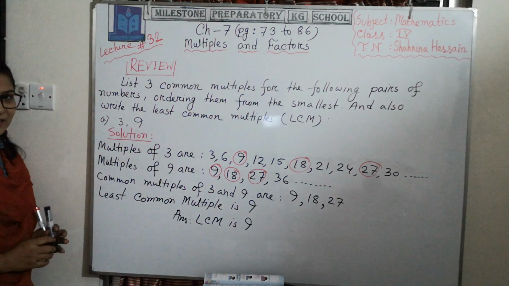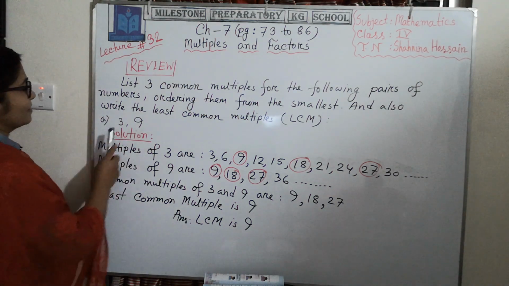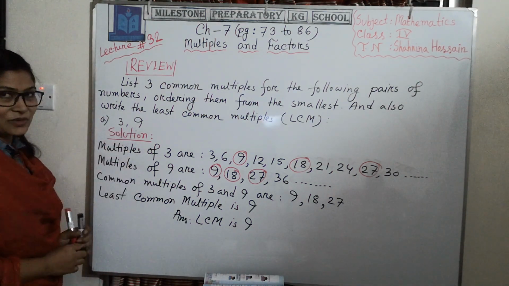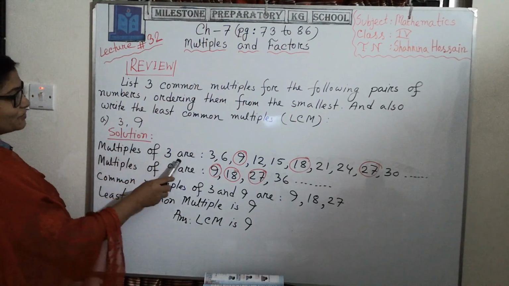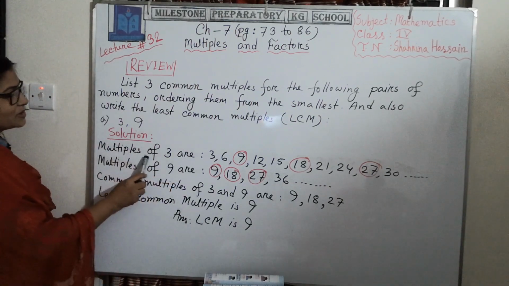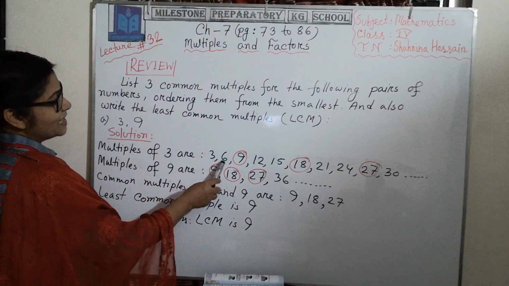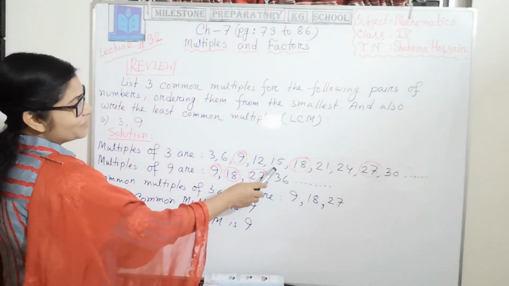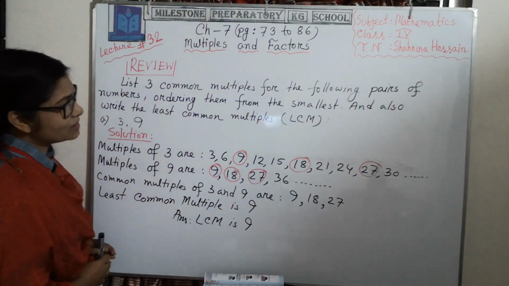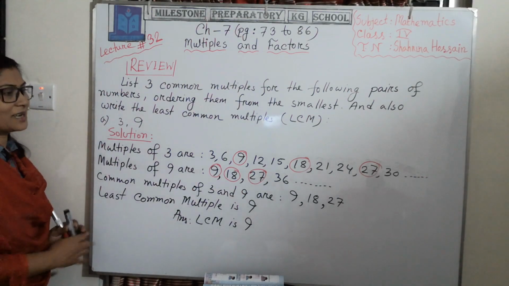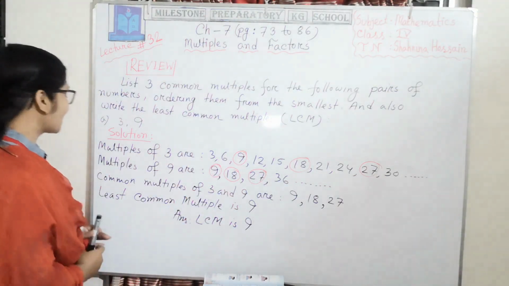So how can we find the solution? See, the numbers are 3 and 9. At first we find the multiples of 3. Multiples of 3 are 3, 6, 9, 12, 15, 18, 21, 24, 27, 30, and more.